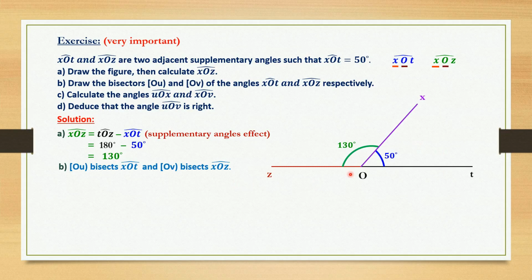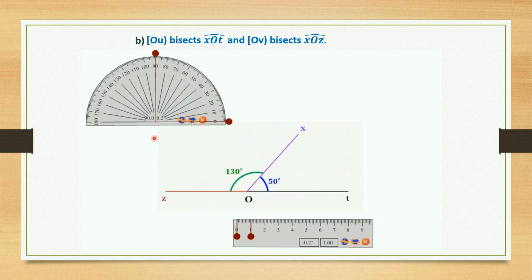Before we continue, I will show you the steps to follow to draw these two semilines. To draw the bisector of an angle, we can use two methods: either use our protractor or use our compass. Here, since the measure of these two angles is given, using our protractor is easy, but I will show you both methods.